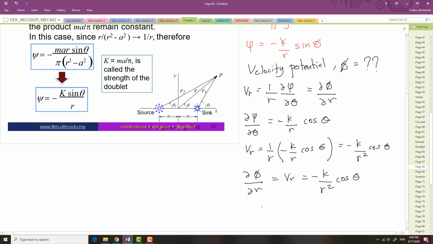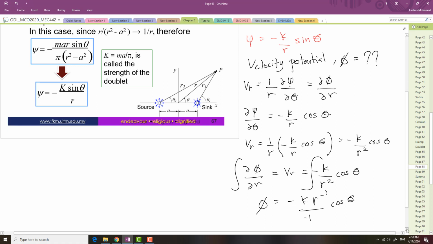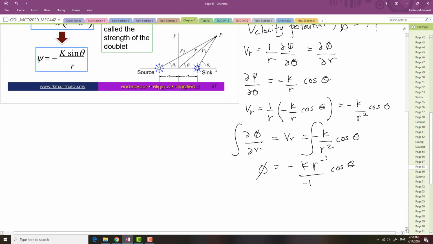To obtain phi, we integrate with respect to r, so we get negative k r to the power minus 1 over minus 1 cos theta. So the velocity potential phi is basically equal to k over r cos theta.